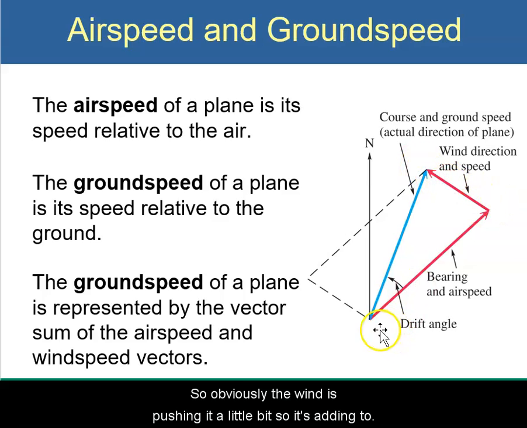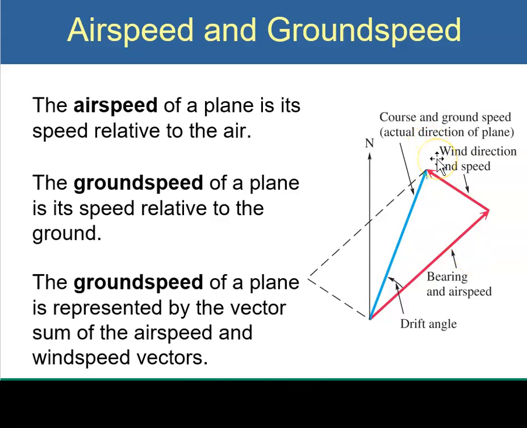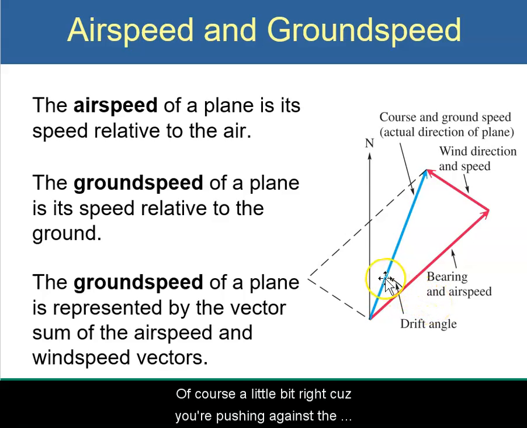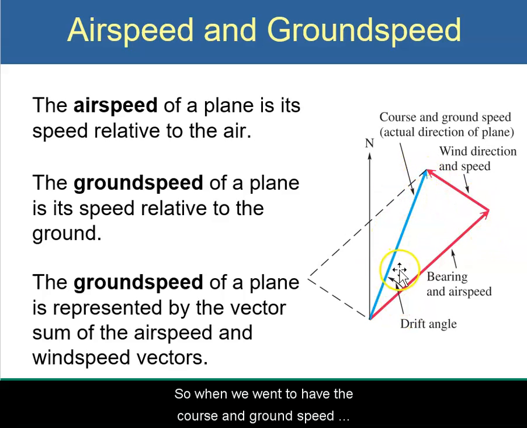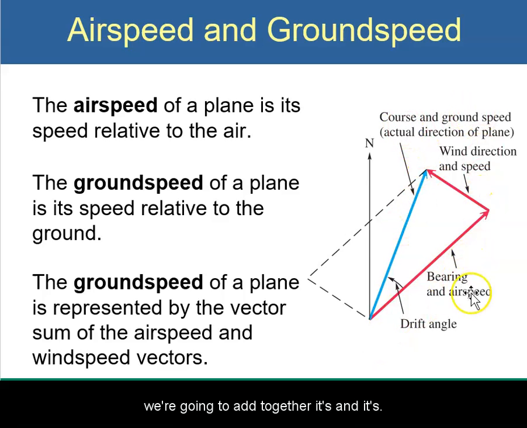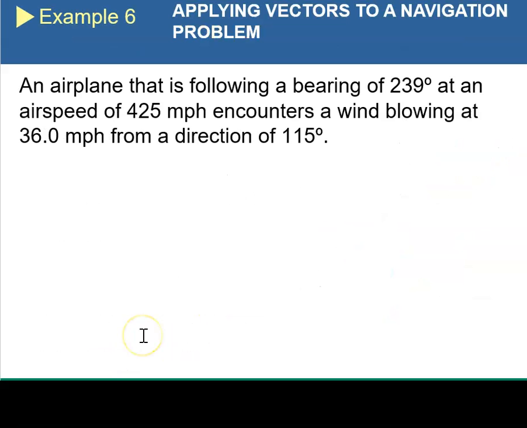Okay, so obviously the wind is pushing it a little bit, so it's adding to its speed, and it's also going to cause it to drift off course a little bit, right? Because you're pushing against the wind, so it has an effect on where you're flying, right? So when we want to have the course and ground speed, we're going to add together its airspeed and its wind direction and speed. All right.